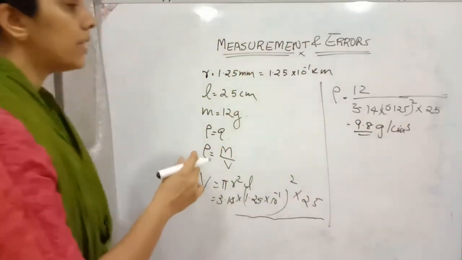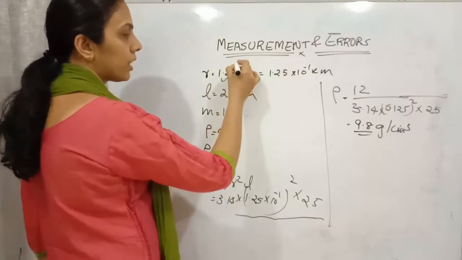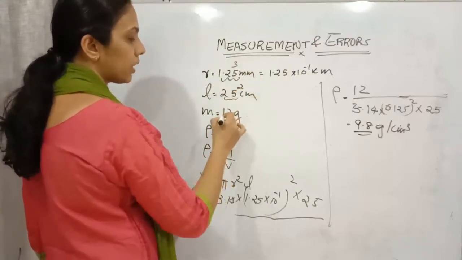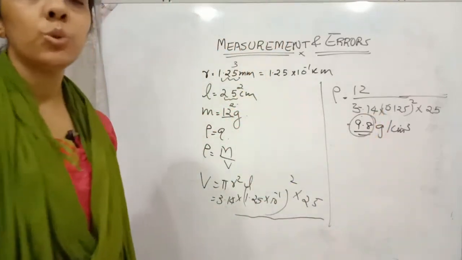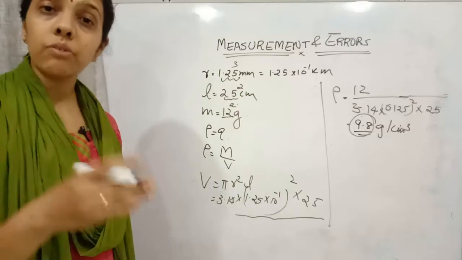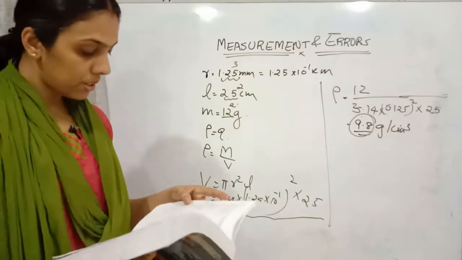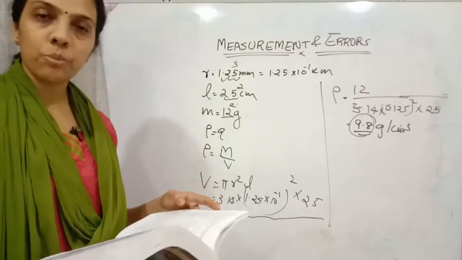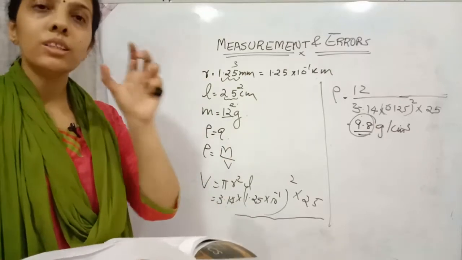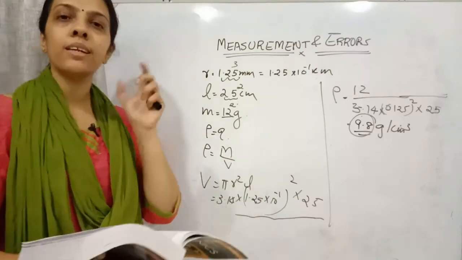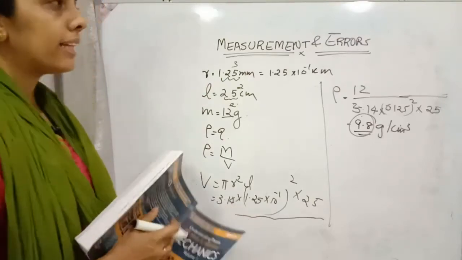Here, if it is 9.8 gram per centimeter cube, how many significant figures? 3 significant figures, 2 significant figures? Here it has 2 significant figures. So in the final answer, we should retain 2 significant figures only. Instead of calculating in the same way, you can just go through the options. Here it is 9.8 plus or minus 1, 9.8 plus or minus 0.1, like that. All the true values are given as 9.8, and only one is given as 9.80.